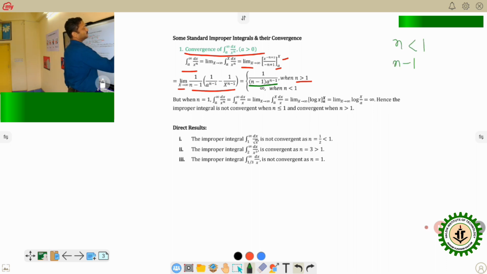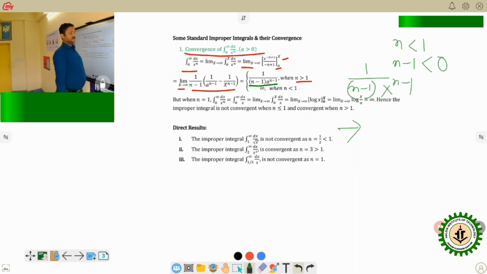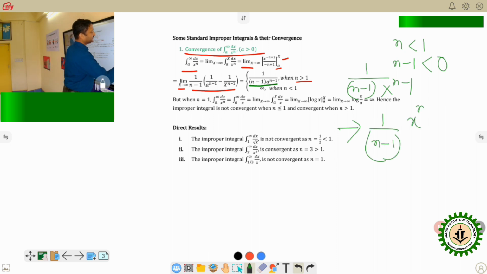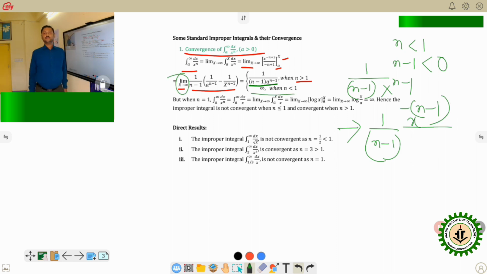Basically n minus 1 will be less than 0. In that case, the integral will not be convergent.